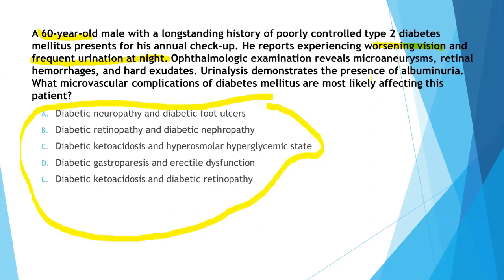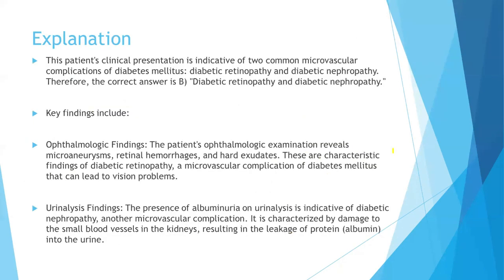This is a very easy, very straightforward question. I'm putting this question only to orient you, because we are going to discuss the complications of diabetes mellitus in this video. The patient's clinical presentation is indicative of two common microvascular complications, that is diabetic retinopathy and diabetic nephropathy. Don't worry, we will discuss all the complications in this video.